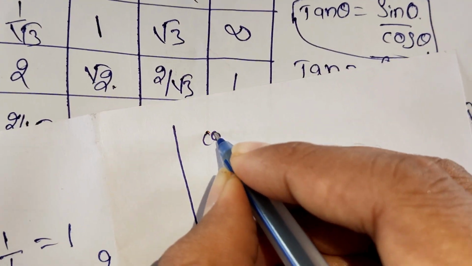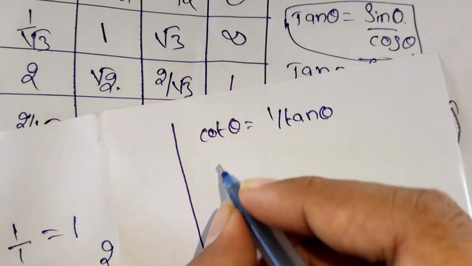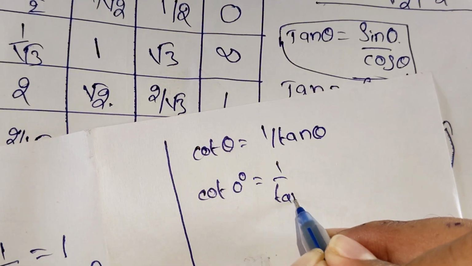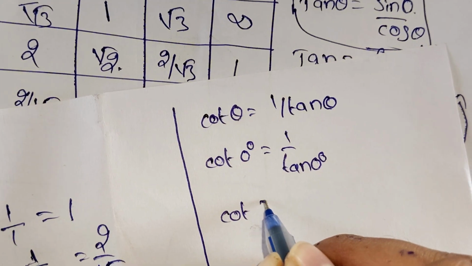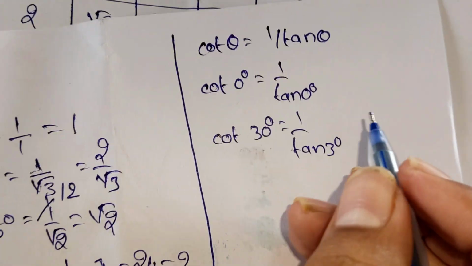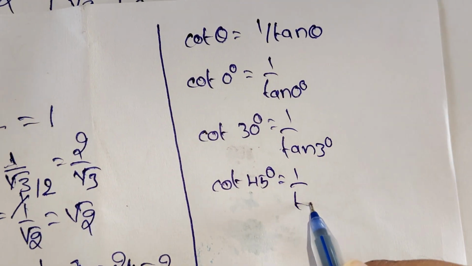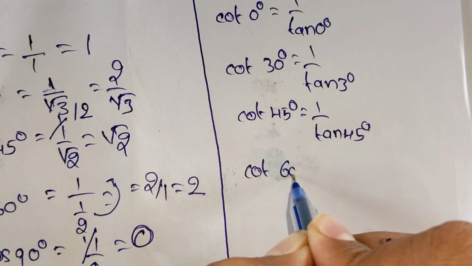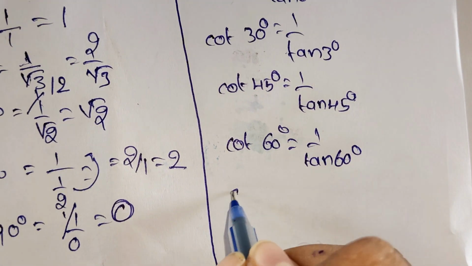And the last one is cot theta. That means 1 by tan theta. In the same way, cot 0 degrees equal to 1 by tan 0 degrees. Cot 30 degrees equal to 1 by tan 30 degrees. Cot 45 degrees equal to 1 by tan 45 degrees. Cot 60 degrees equal to 1 by tan 60 degrees.